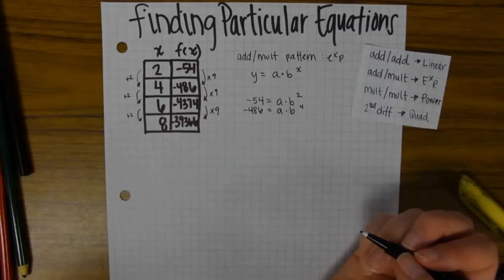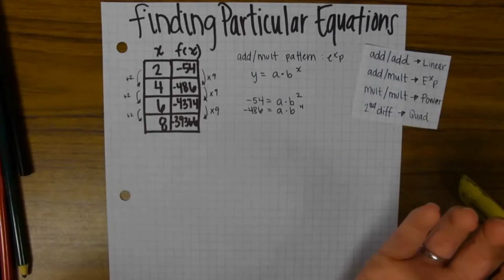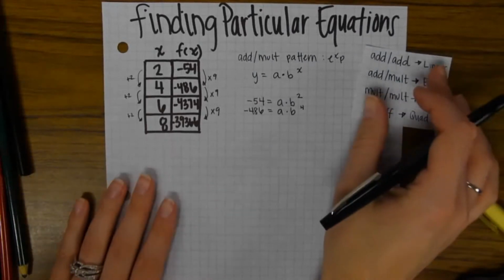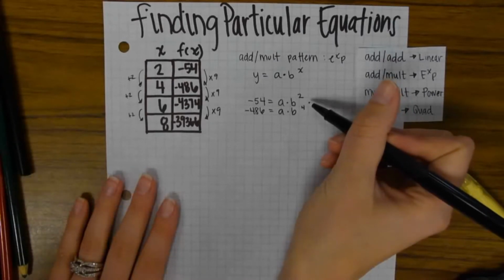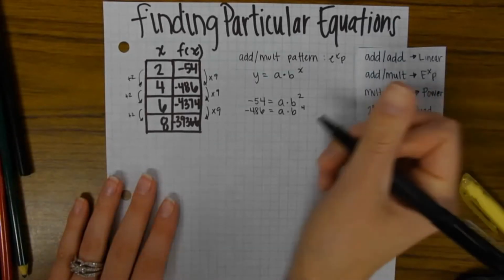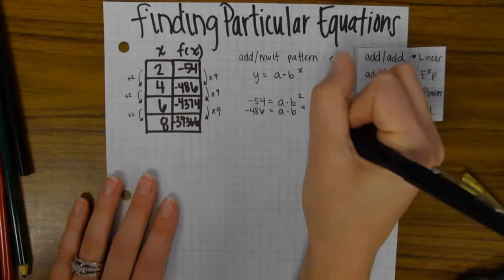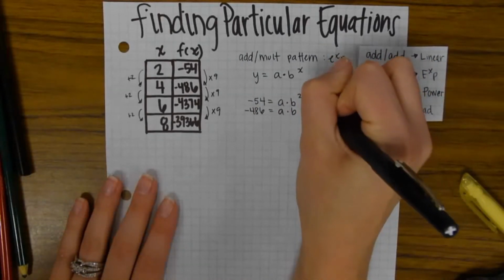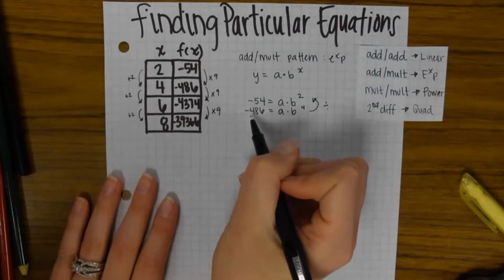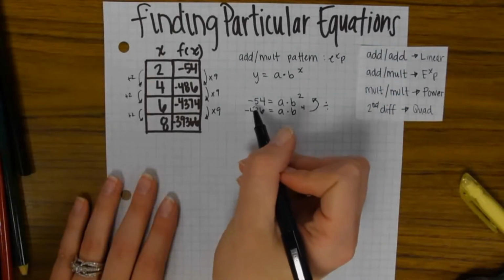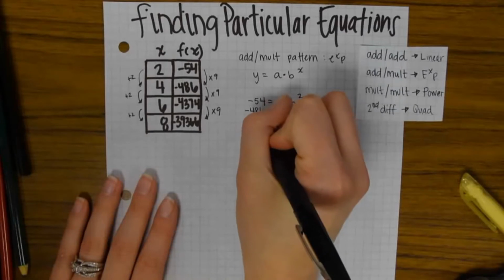Now these aren't linear, so we aren't just going to add and subtract them to get things to cancel out. Rather, let's take the second one and divide it by the first one. You could do it the other way as well, but the numbers here are bigger, and so it's just going to be a little bit cleaner if we take this one and divide it by that one. Well, we already figured out that negative 486 divided by negative 54 is 9.